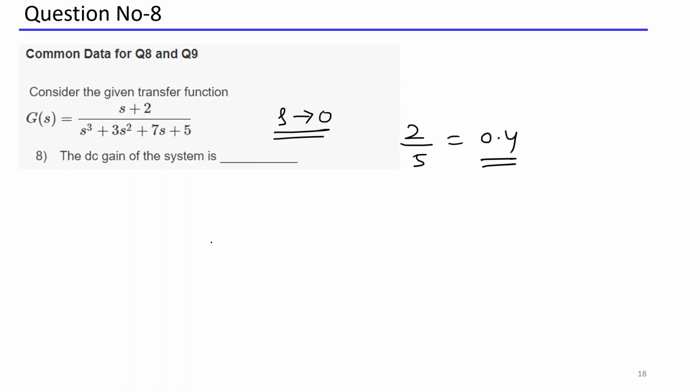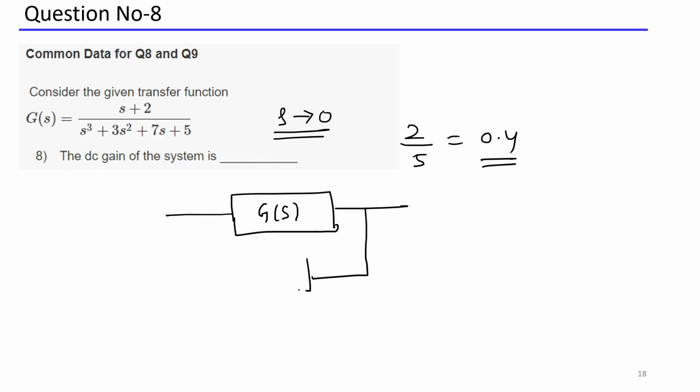Okay. Now, for this question, one point I just want to add here. Suppose a question is given to you. This plant G of S is given to you. I am just adding a unity feedback system, negative feedback, which is 1.